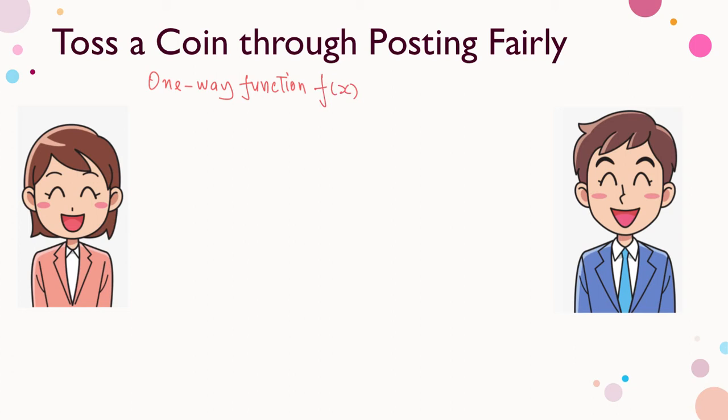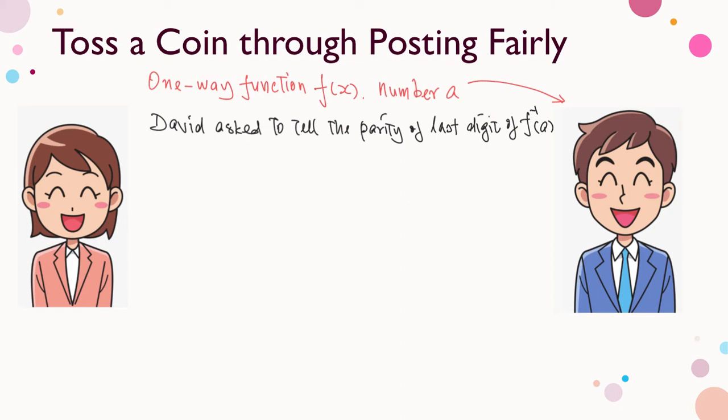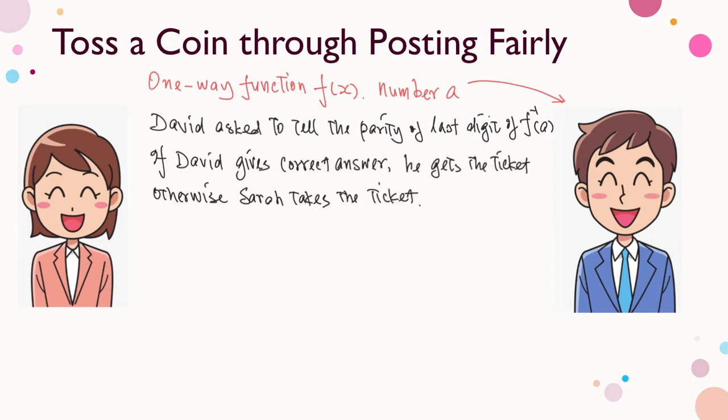Sarah sends the function f(x) and a number a to David. David is asked to tell the parity of the last digit of f inverse of a, that is, even or odd. It is agreed that if David gives the correct answer, he gets the ticket. Otherwise, Sarah takes the ticket.